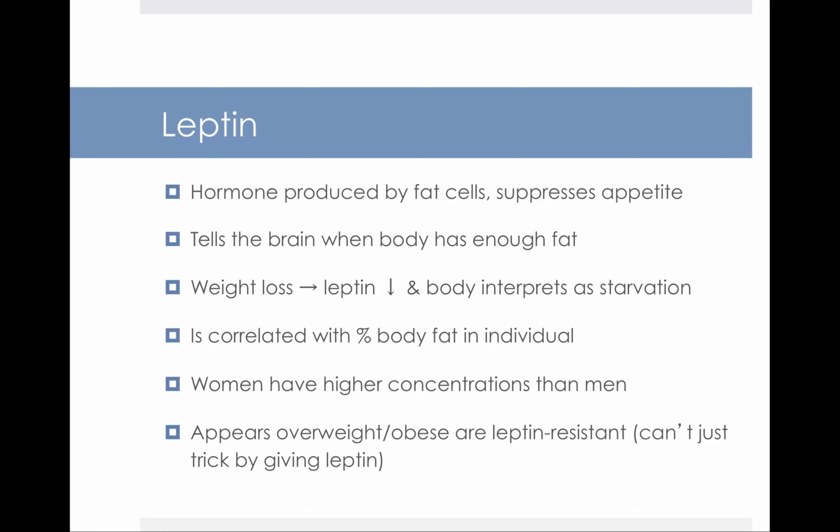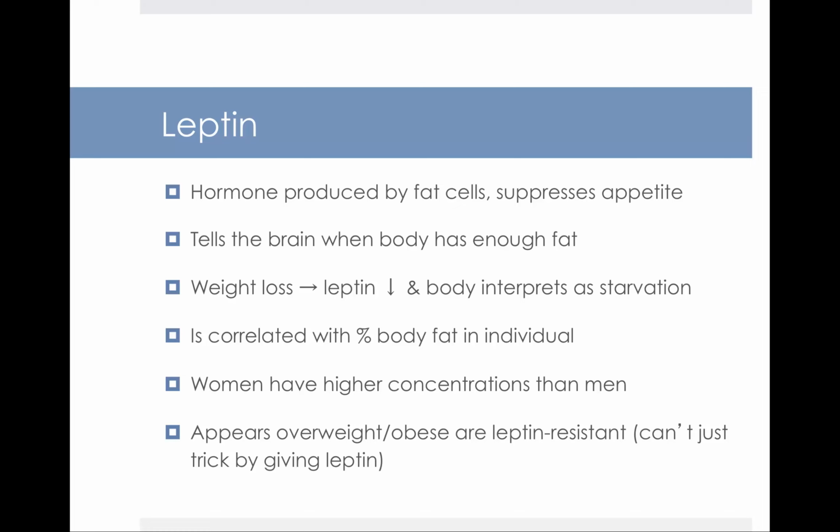Now, when leptin was first discovered, it was thought, well, this is going to be genius because what we'll do is we'll just find all the people who are leptin deficient and we'll give them leptin hormone, which will suppress their appetite and they won't eat. But the problem is, most overweight people, they're not deficient in leptin, they're just resistant to leptin. Okay, so the leptin that they have doesn't really work that much.